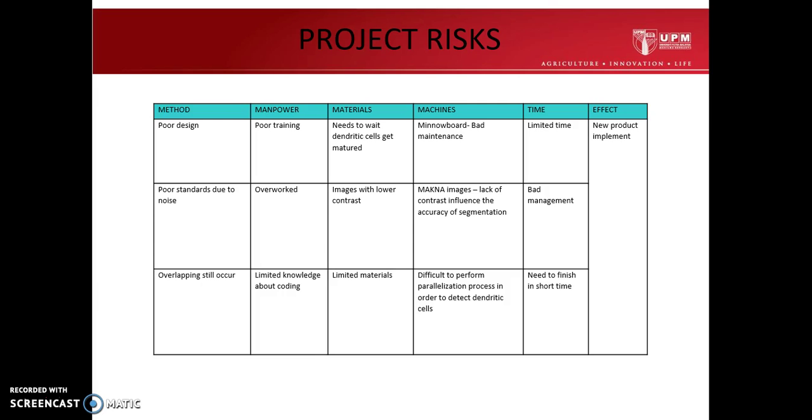The time is very limited because we need to finish in a short time, and at the same time we are in bad management. From these project risks, we need to consider how to overcome them so that our project can be implemented.